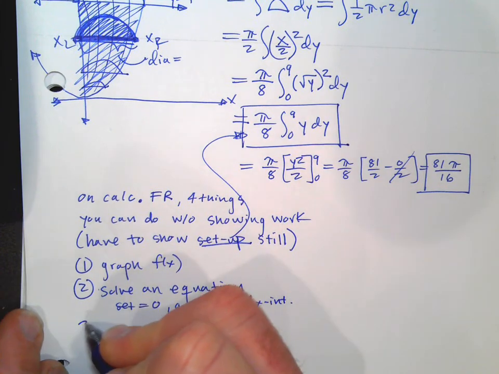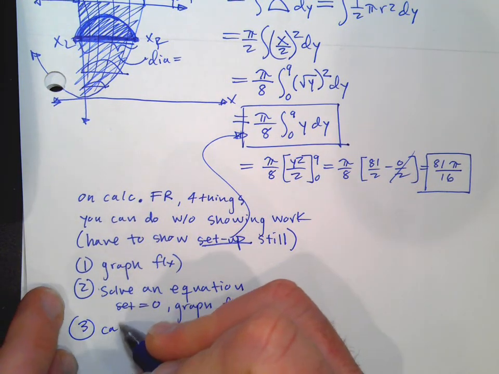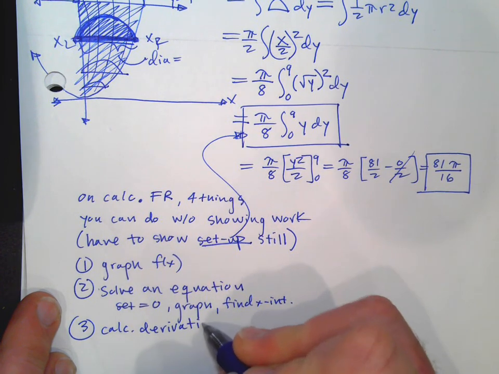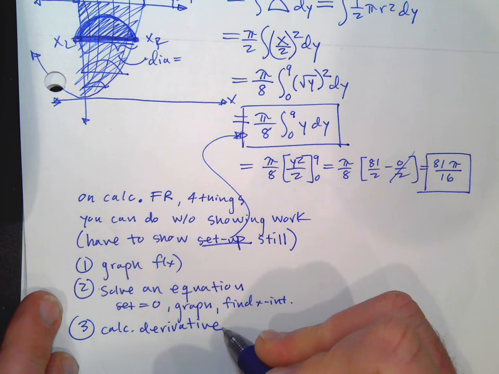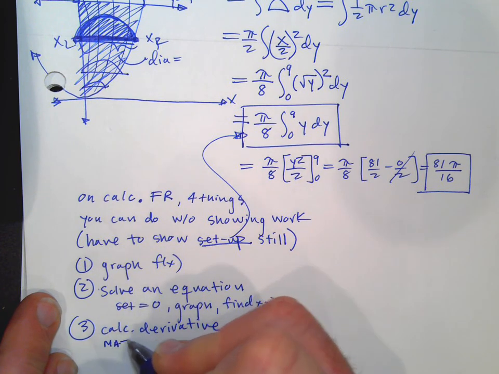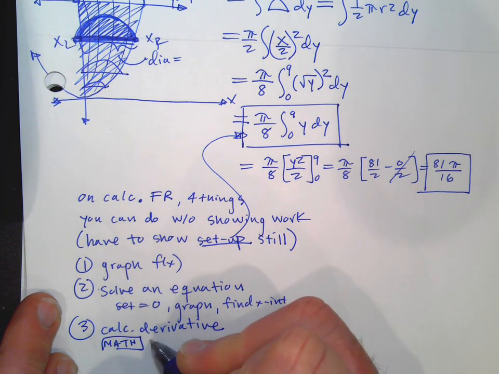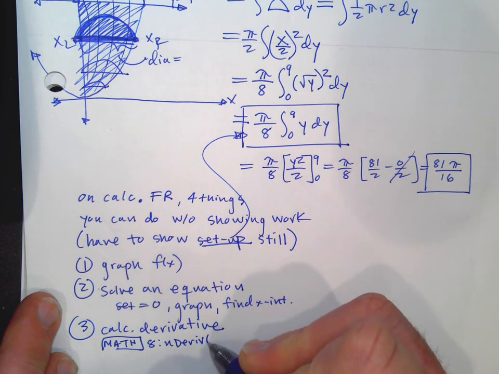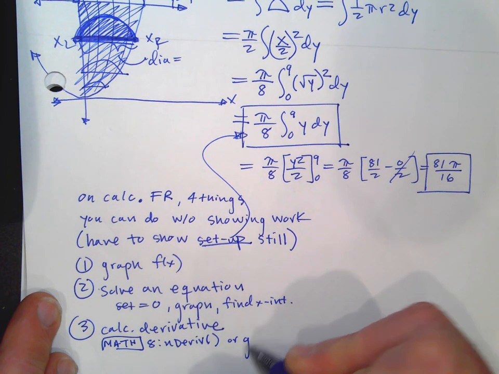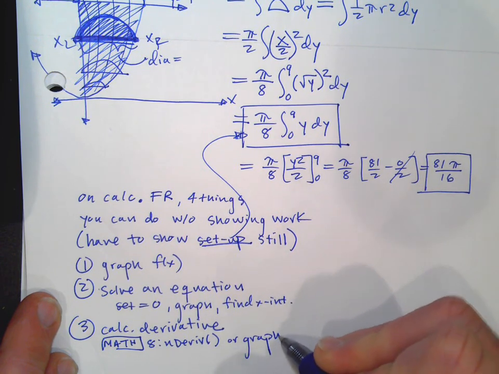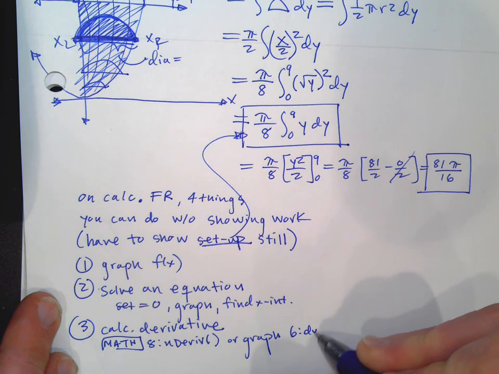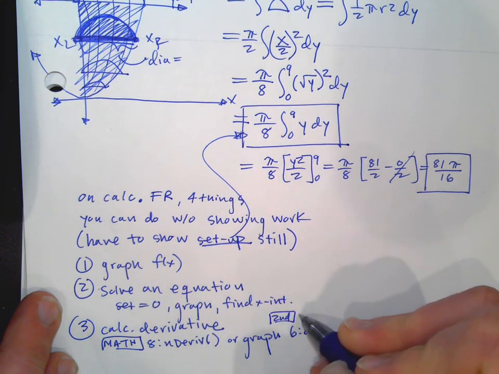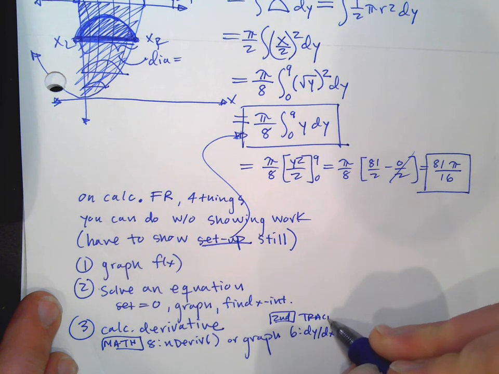You need to be able to calculate a derivative, and there's a couple ways you can do that. My favorite is Math 8, nDeriv, but you could also do it from the graph, which if you've graphed it already, is option number 6, dy/dx, under the second trace calc menu.